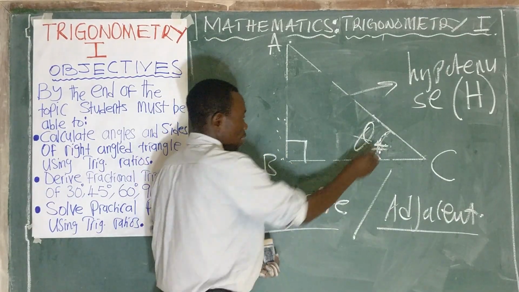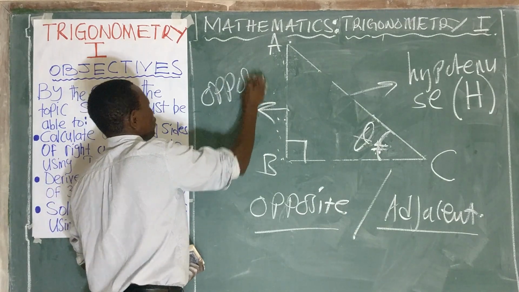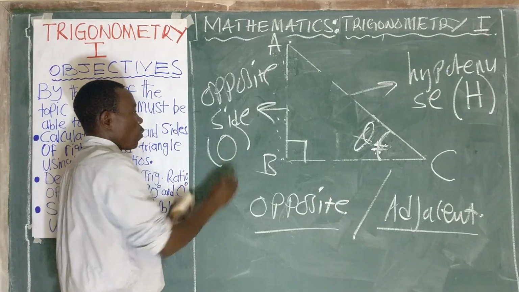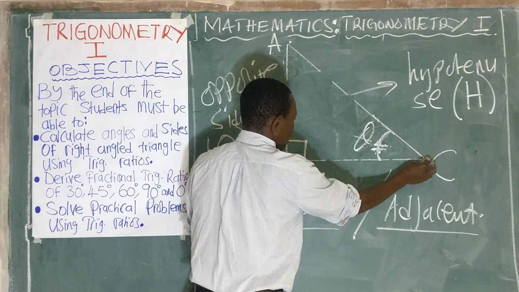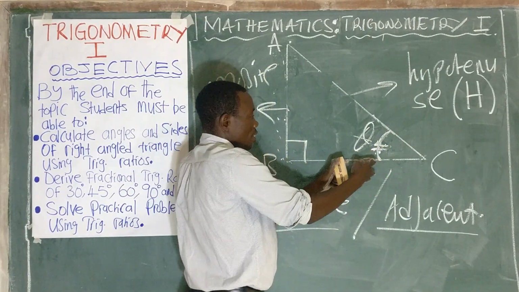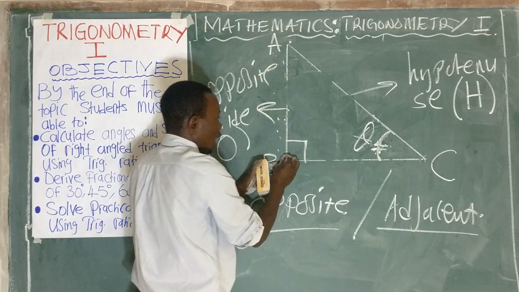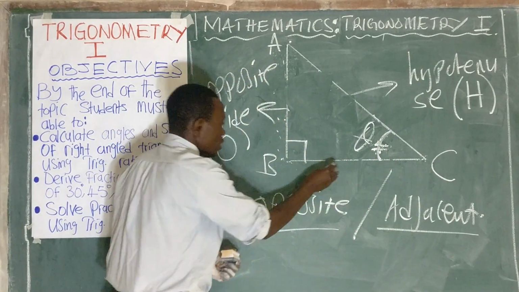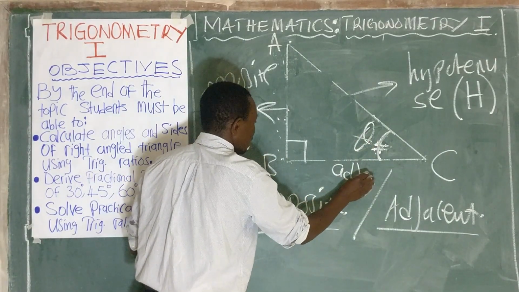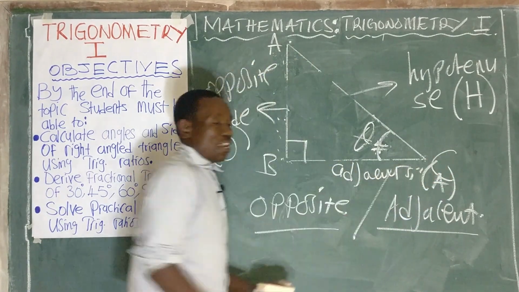This angle is opposite to this side, and we define this as the opposite side, and you can represent it by a capital O. The remaining side is just the side in which this angle theta is being formed. So this side is adjacent to that angle, and you define it as the adjacent side, and represent it as A, like that.